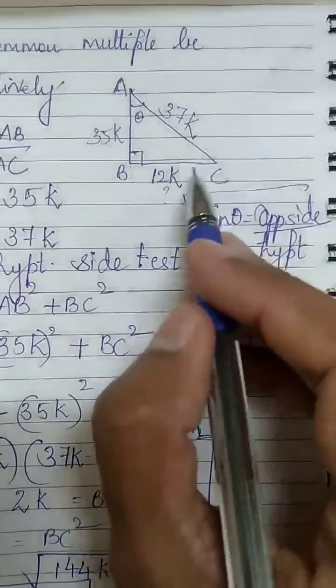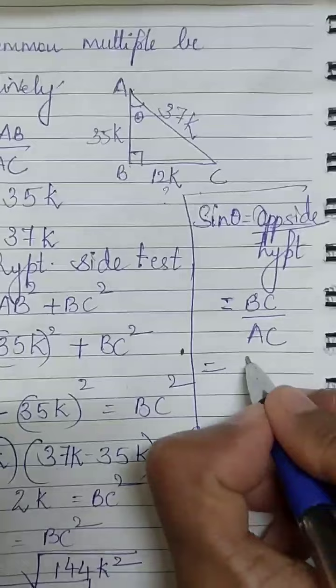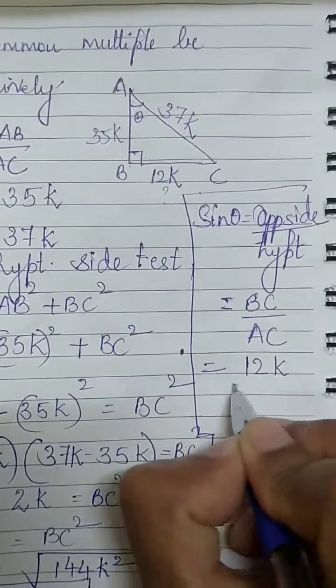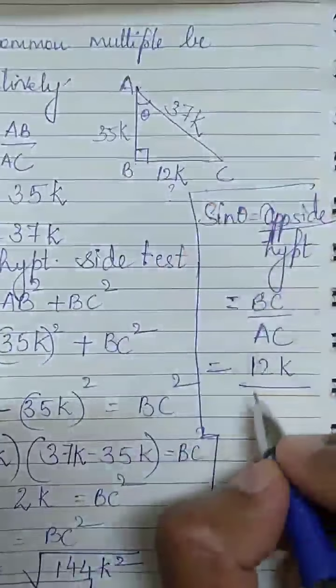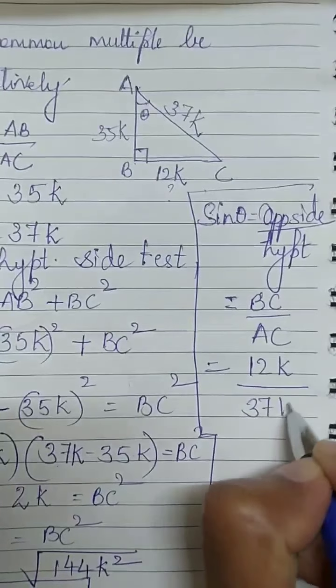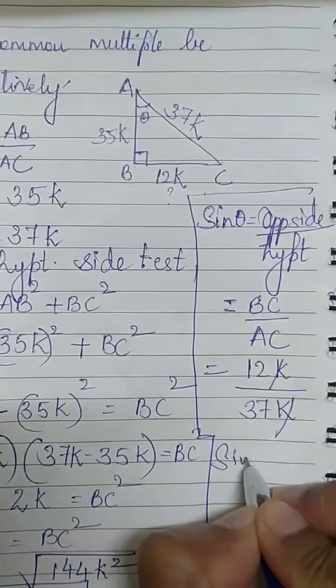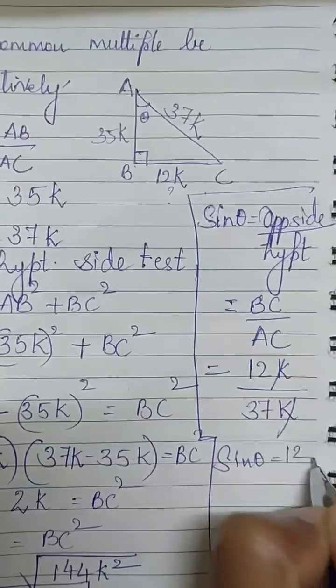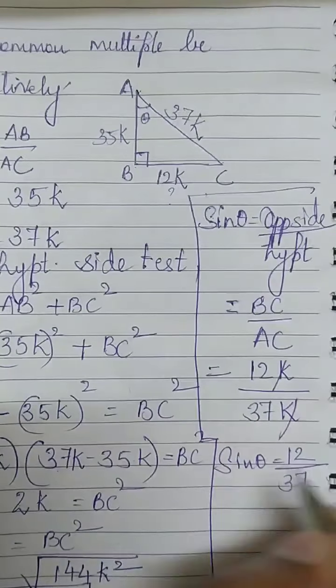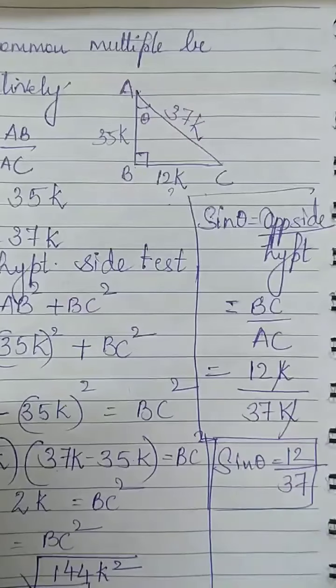Now put the value. How much is BC? Just now we got BC as 12k upon AC is 37k. K cancels. So you got sin theta is equal to 12 upon 37. This is the first answer.